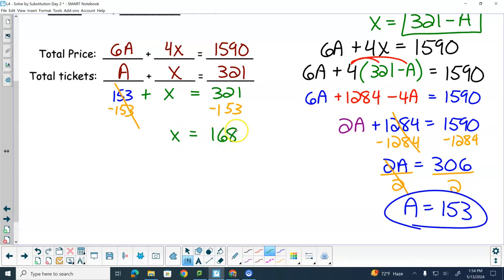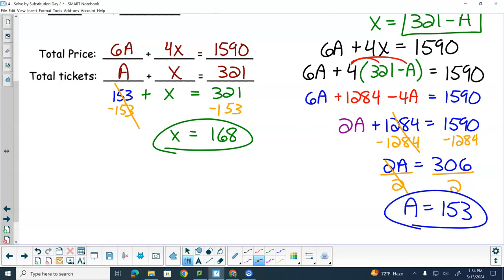Is that the answer? No. What are we looking for?